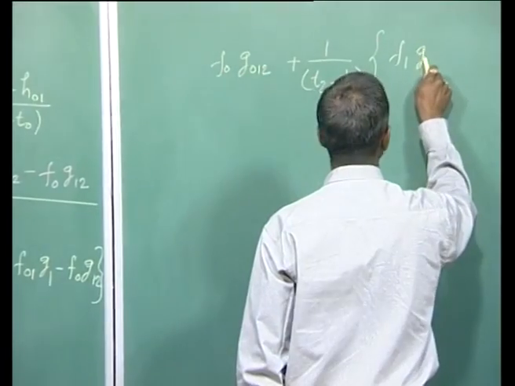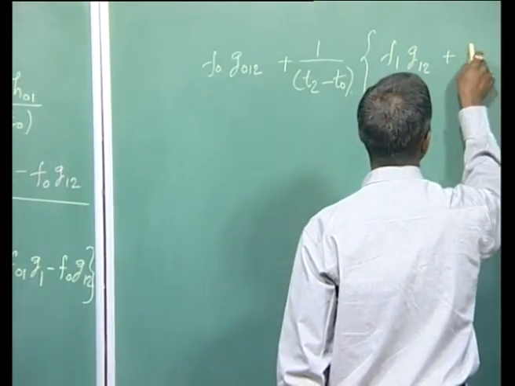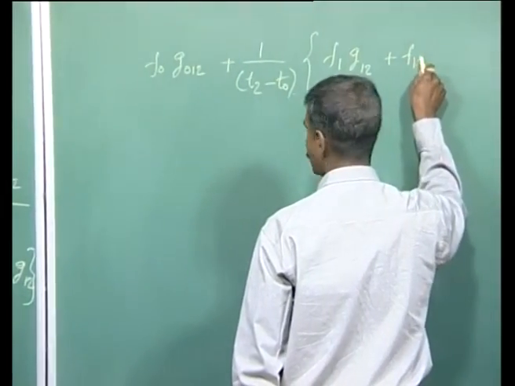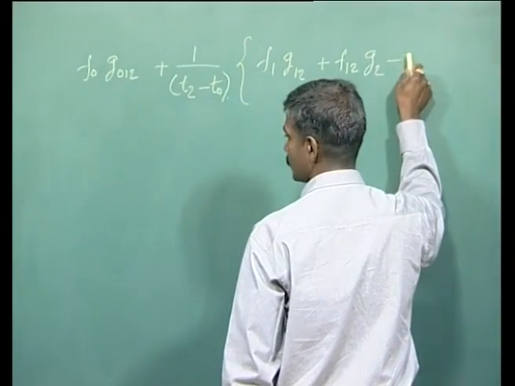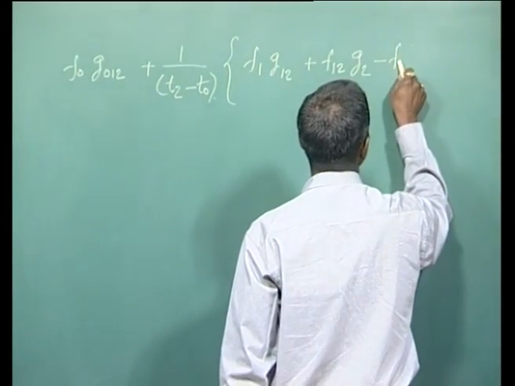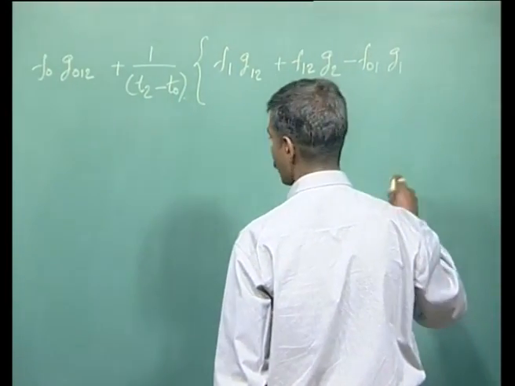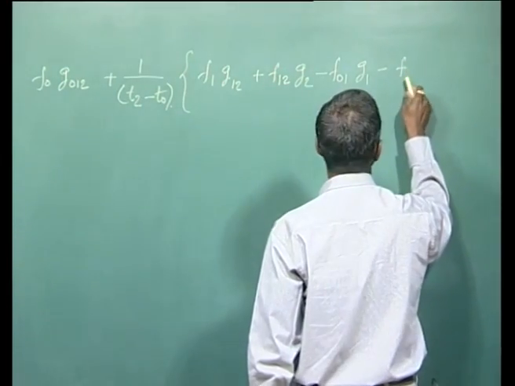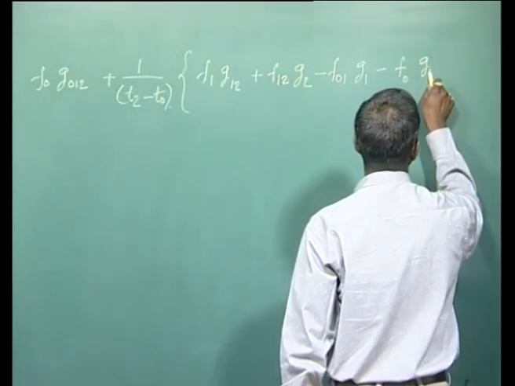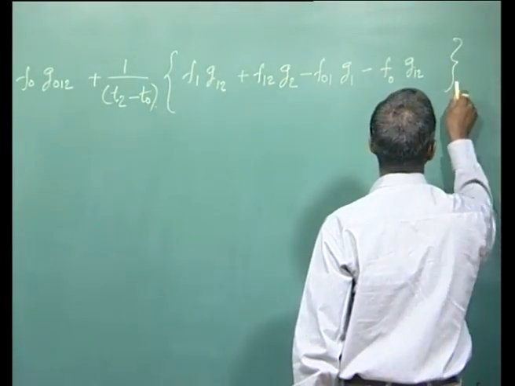F1 G12 plus F12 G2 minus F01 G1 minus F0 G12.